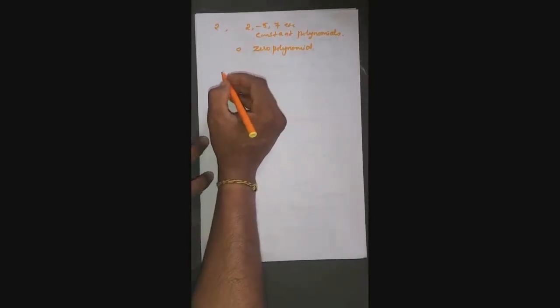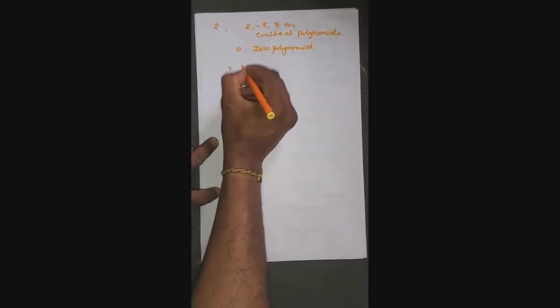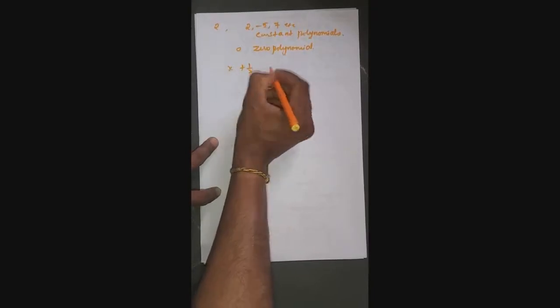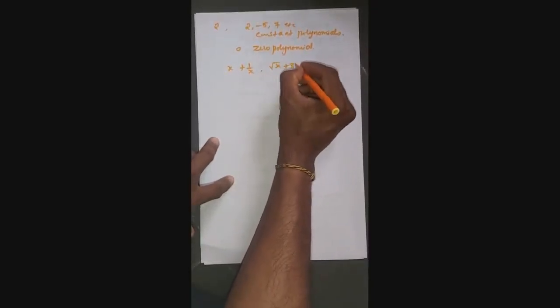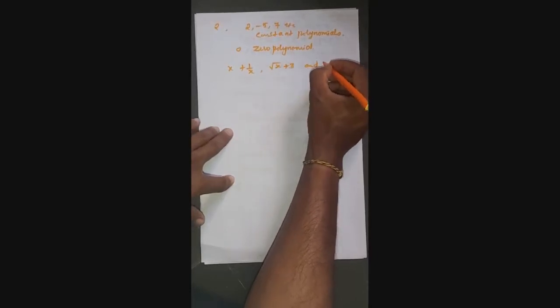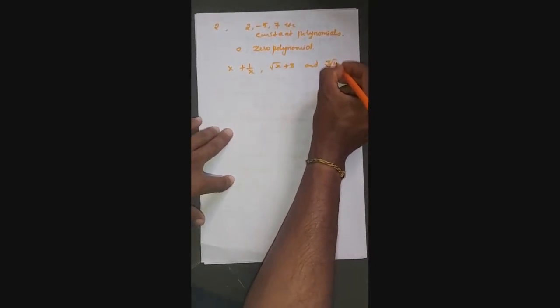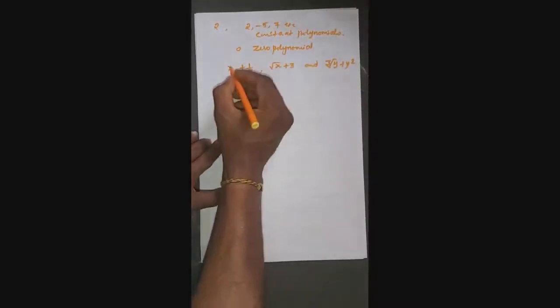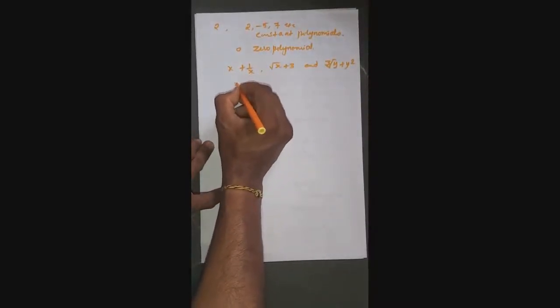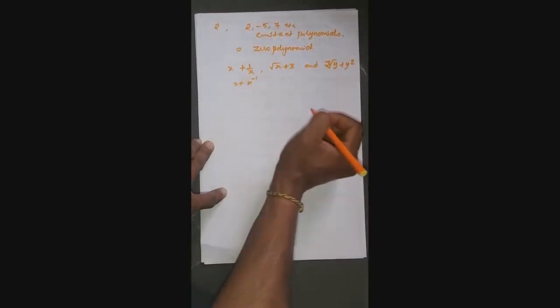Now consider algebraic expressions, for example such as x plus 1 by x, and root x plus 3, and cube root of y plus y square. See, do you know that you can write x plus 1 by x as x plus x to the power of minus 1?